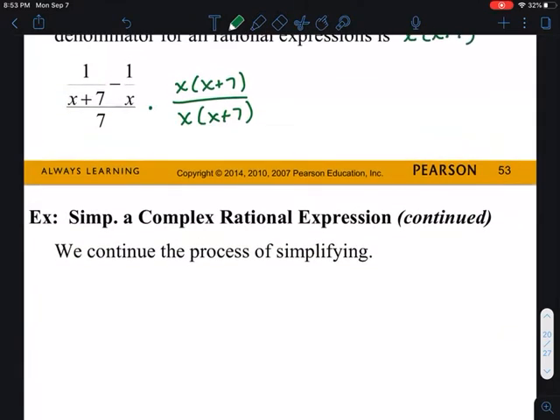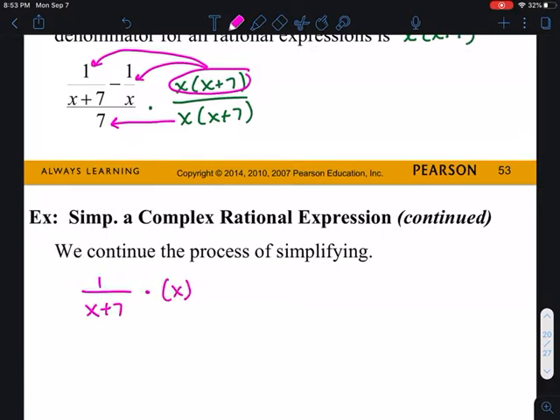What this means is we are going to multiply this x plus 7 with this piece of fraction and that piece of fraction. And then obviously the one on the bottom is going to multiply with the 7 that's on the bottom. So we have a 1 over x plus 7 that has to multiply with this x plus 7.